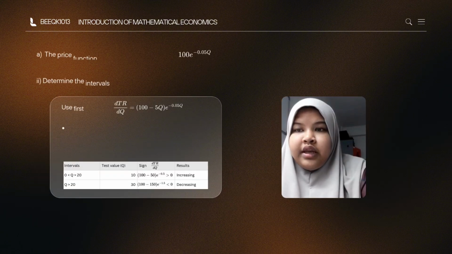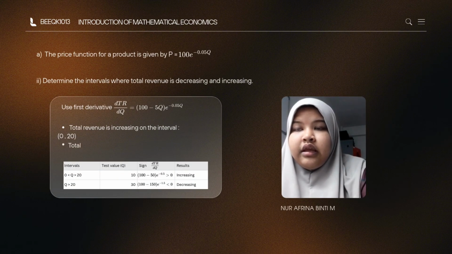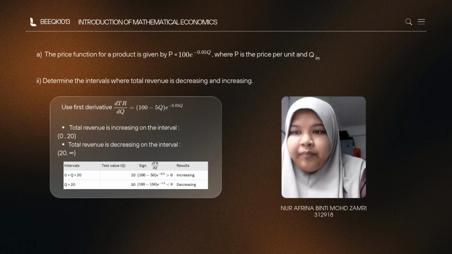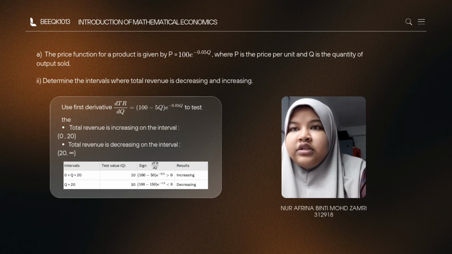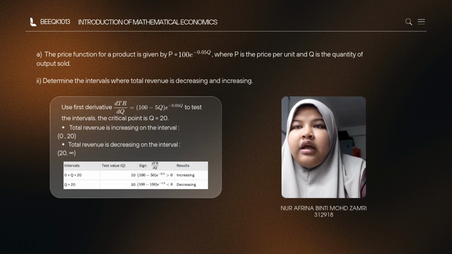For the second part, we need to determine the intervals where the total revenue is increasing and decreasing. We need to use the first derivative to calculate the intervals. First, use the first derivative of total revenue with respect to quantity, equal to 100 minus 5Q times e to the power negative 0.05Q, to test the intervals.